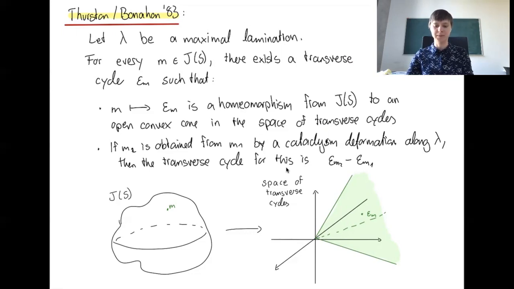So these parameters, these coordinates are closely related to how we deform when we do a cataclysm, and they are called shearing coordinates.